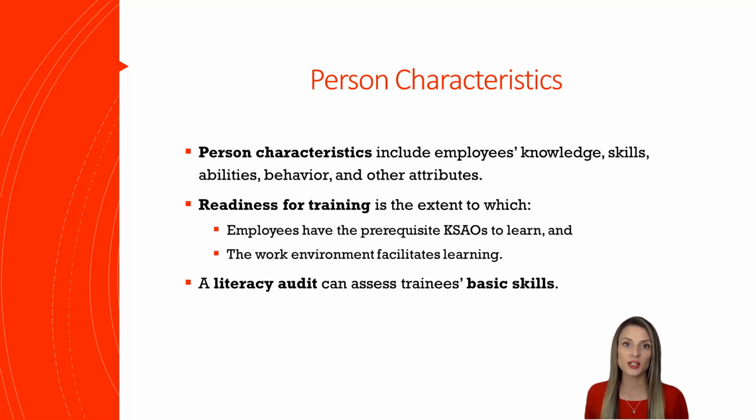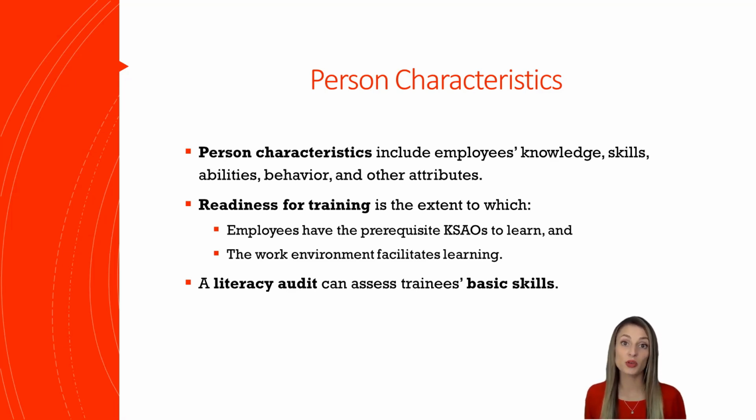We're also interested in their readiness for training. Are they motivated to attend? Are they motivated to participate? Are they motivated to transfer learning to the job? When it comes to readiness for training, the work environment also matters. We have to pay attention to whether it supports, facilitates learning and transfer.